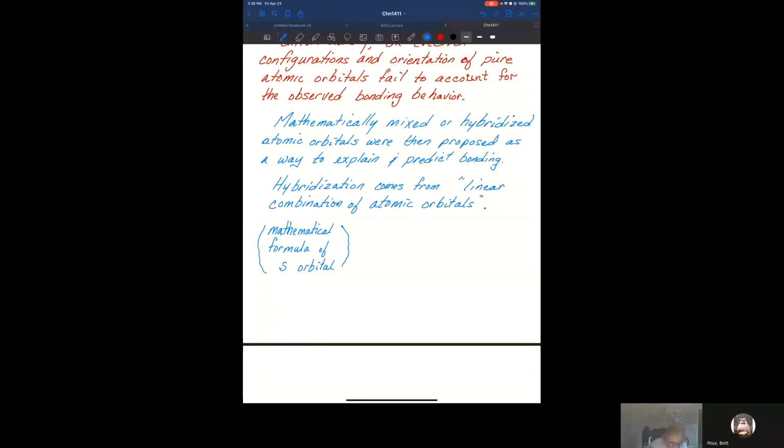We'll either add the formula of a p orbital, and let's, for fun, call it the px orbital. And then we'll also do the same thing, but we'll subtract the formula of the px orbital.